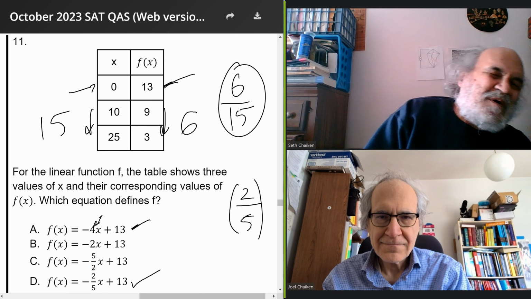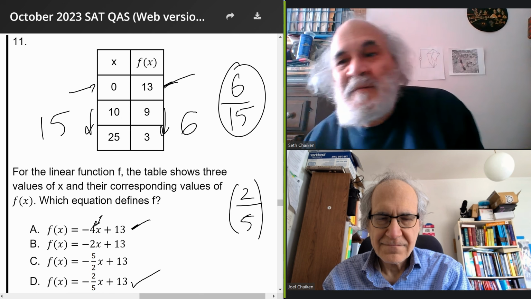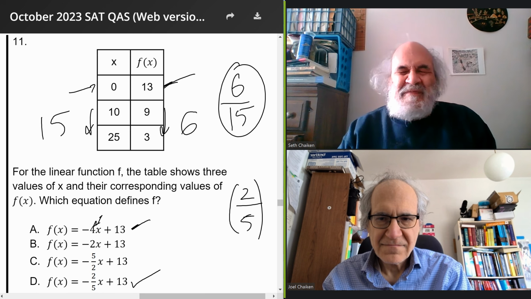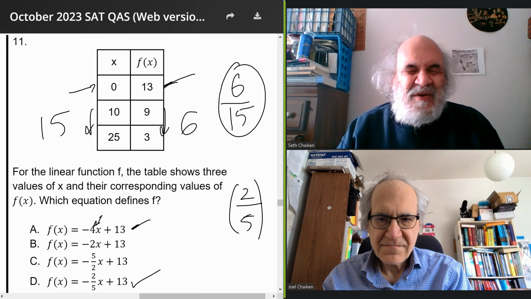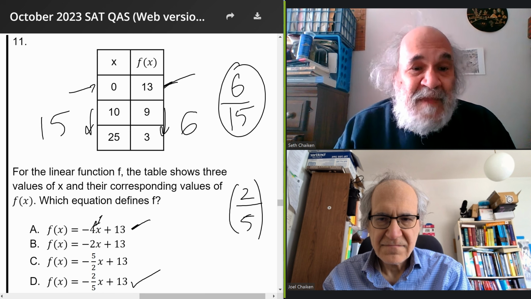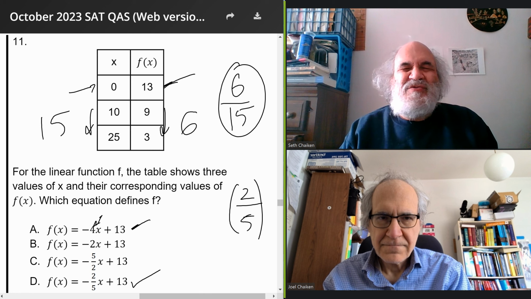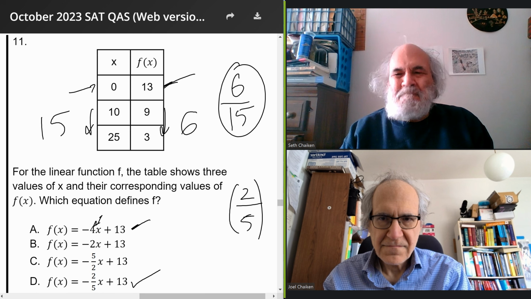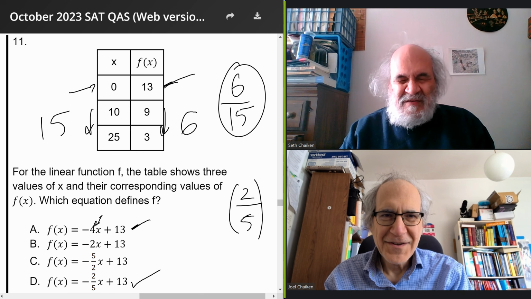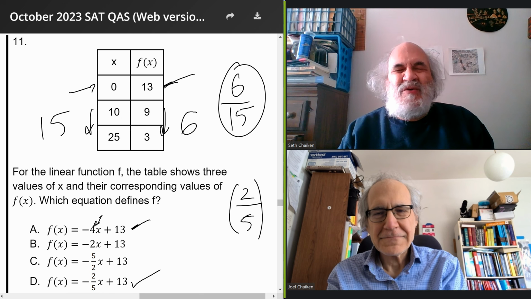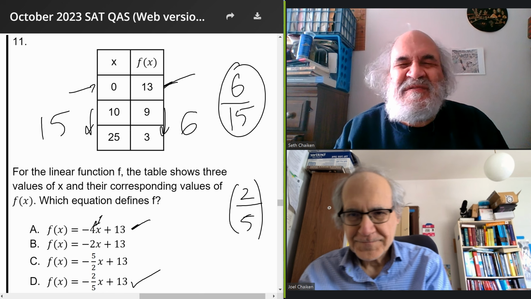Okay, so there's a much faster way of finding the answer. First, again, notice that all four of the choices are consistent with the value for f of 0. So now we need one more piece of information from the slope, and let's not think of it as slope.